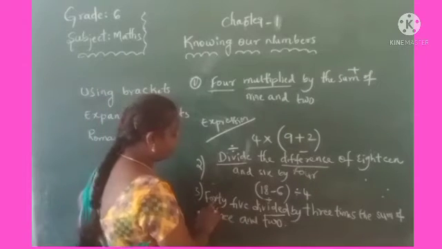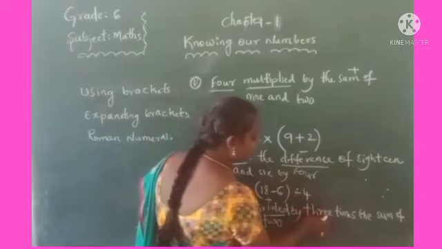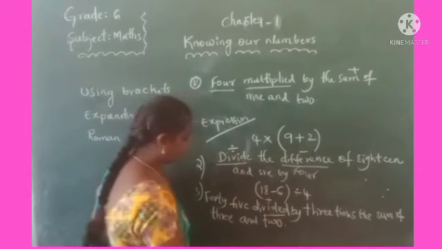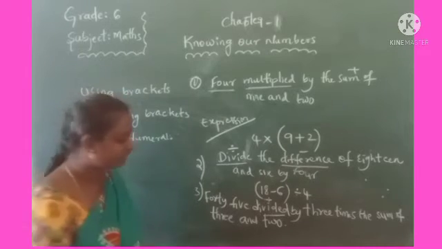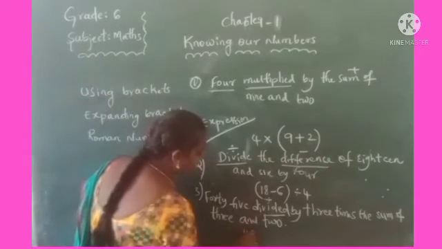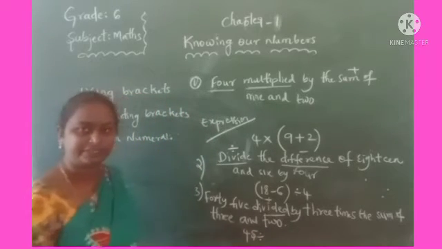So here 45 is divided by 3 times the sum of 3 and 2.